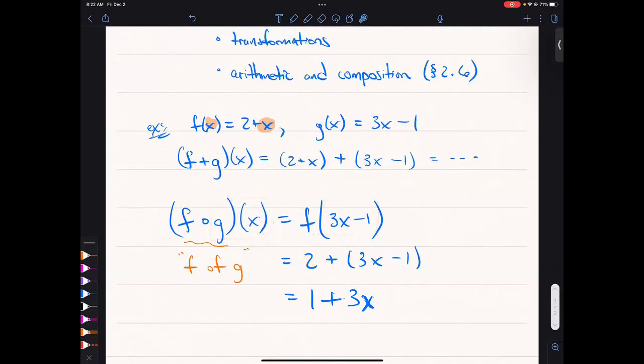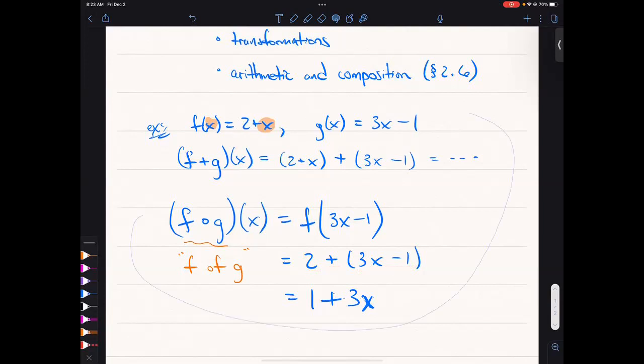What f does is take a thing and give you 2 plus whatever that is, right? So if you plug in 5, it's 2 plus 5. Plug in a million, it's 2 plus a million, right? So f of 3x minus 1 would be 2 plus 3x minus 1. So the 2 plus part is coming from what f does, the definition of f. And then you're just replacing the x with whatever g is.